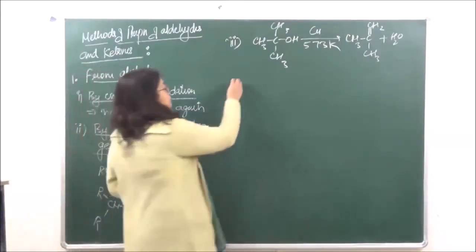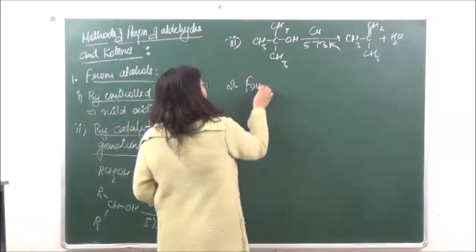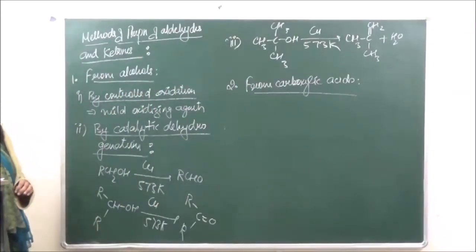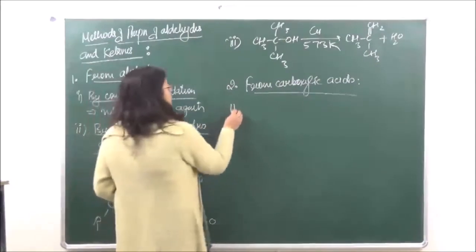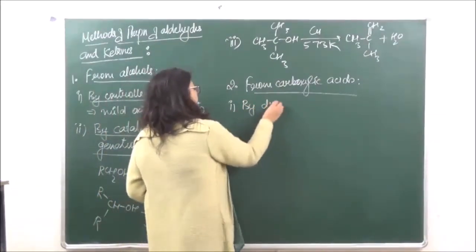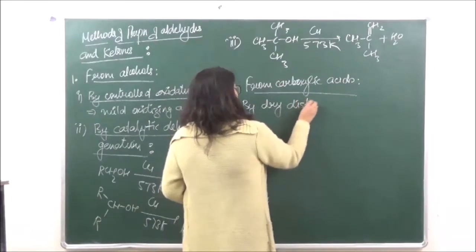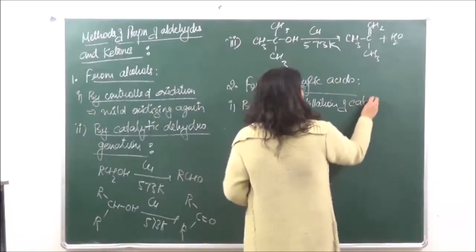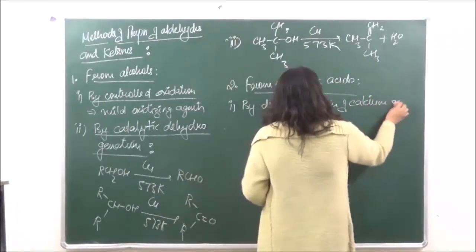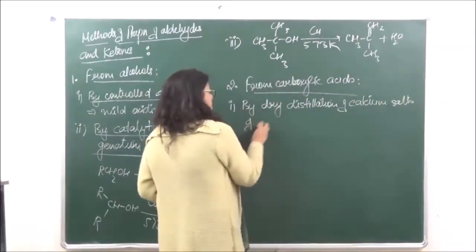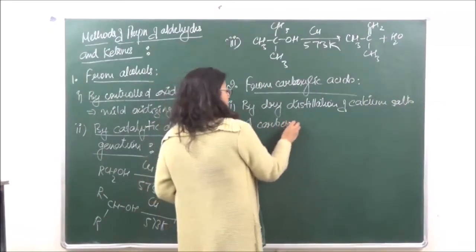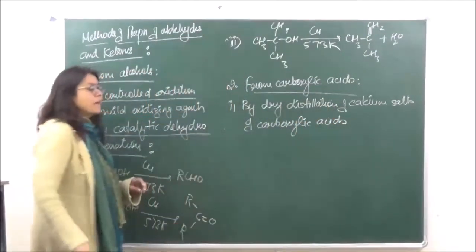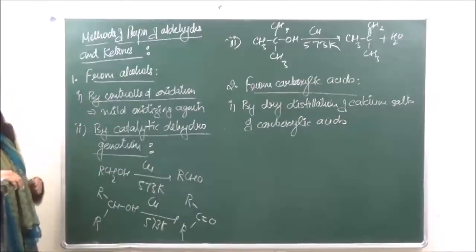The second method is from carboxylic acids. Now the first method from carboxylic acid is by dry distillation of calcium salts of carboxylic acid.